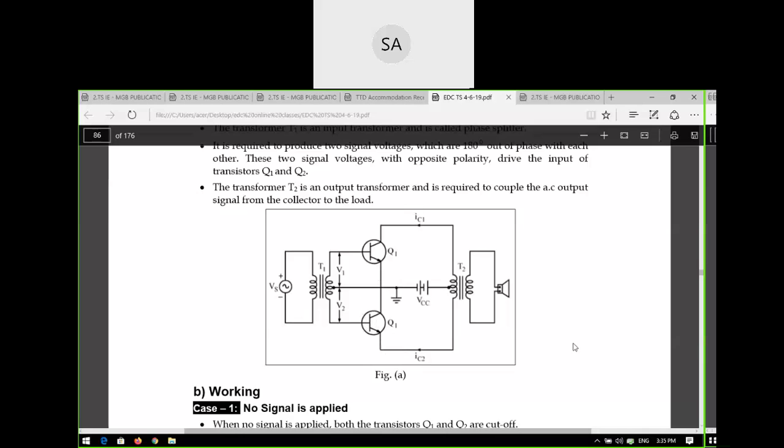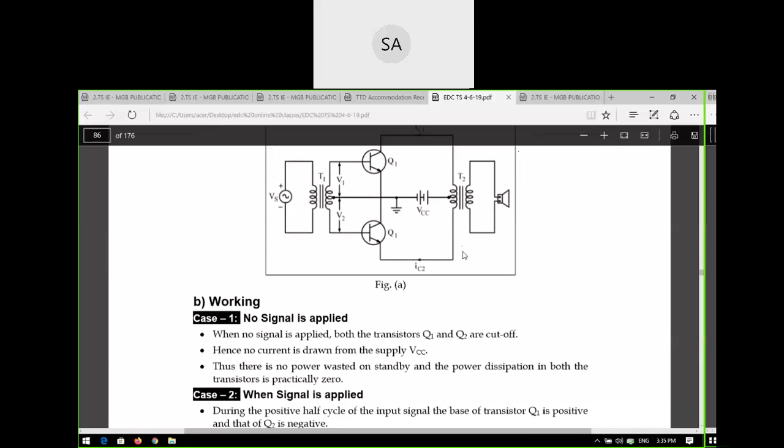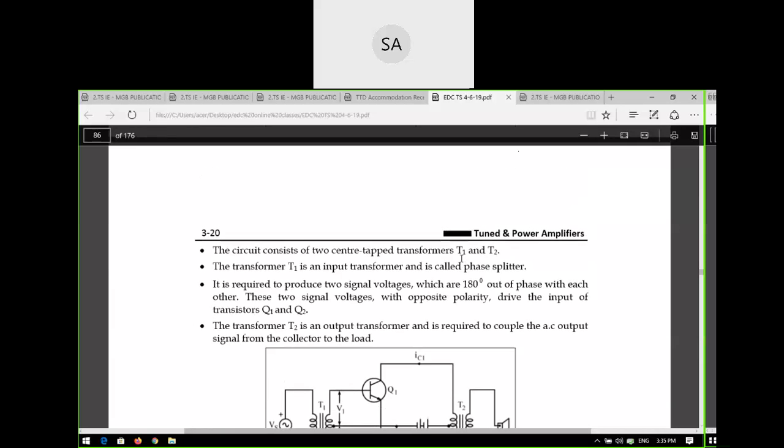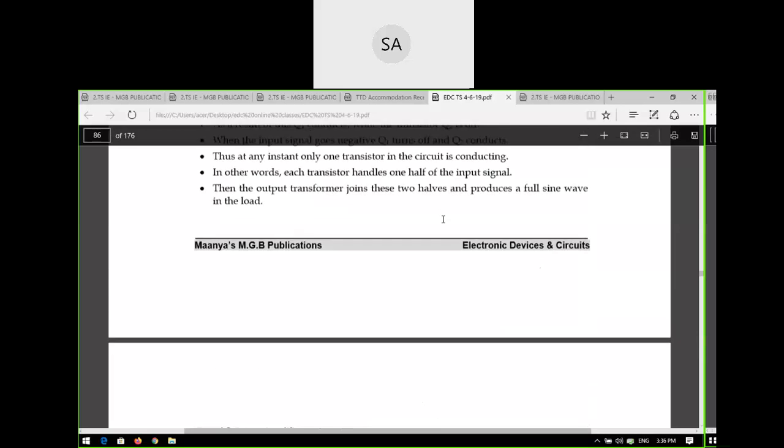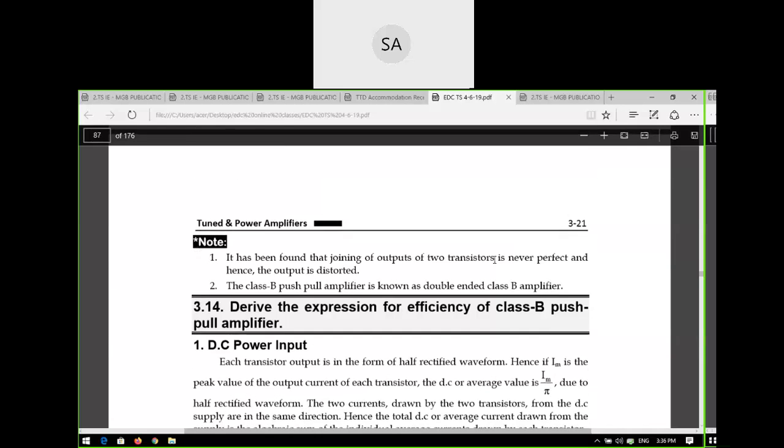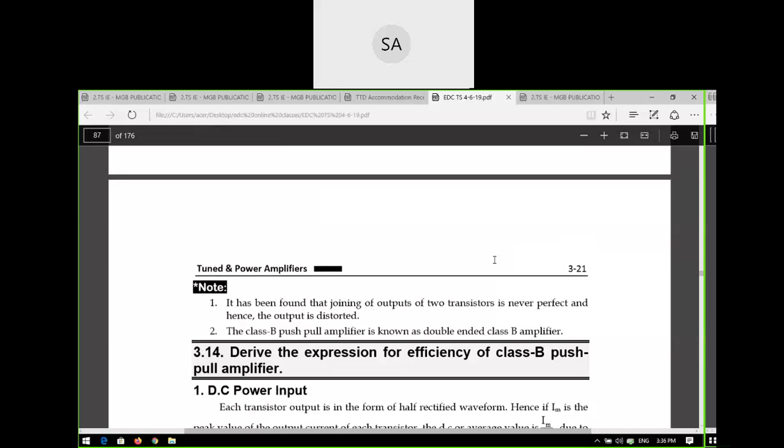So the overall output is not perfect and it has some distortion. Because the class B power amplifier has two transistors and they are not perfect, the output is also not perfect. That is the reason you get some distortion in the output. So distortion is present in the class B push-pull power amplifier.